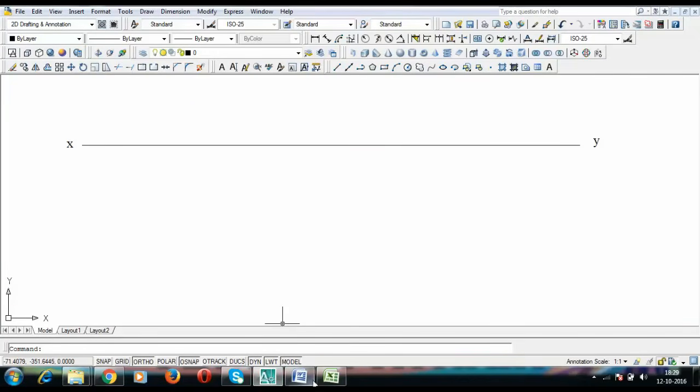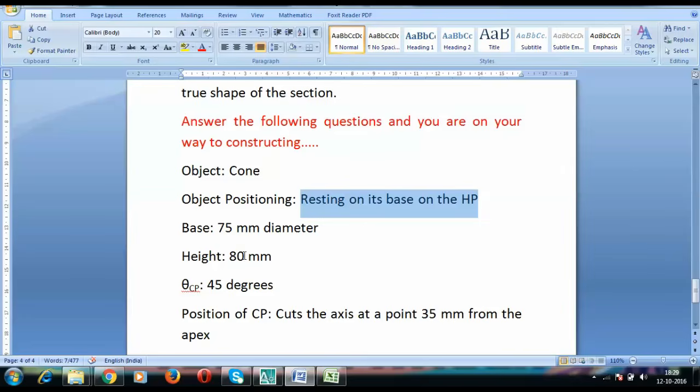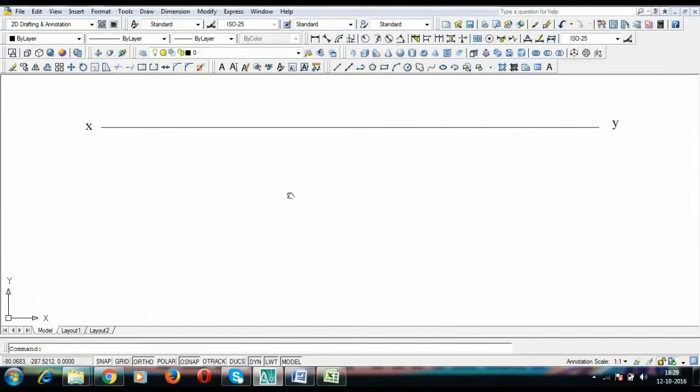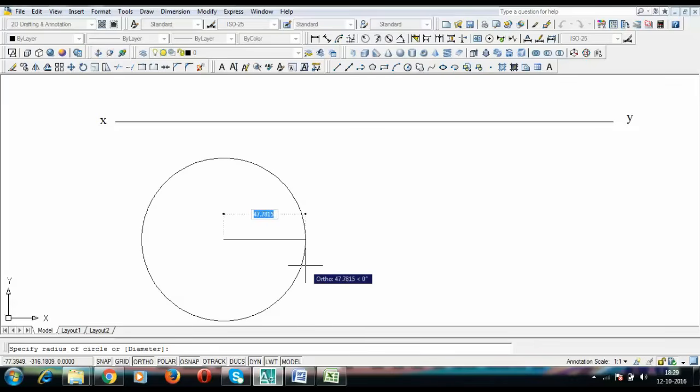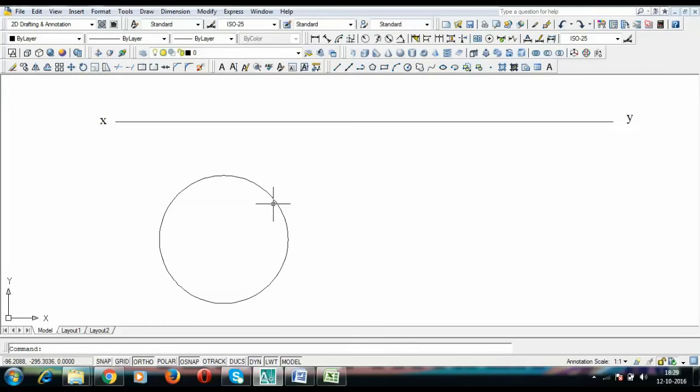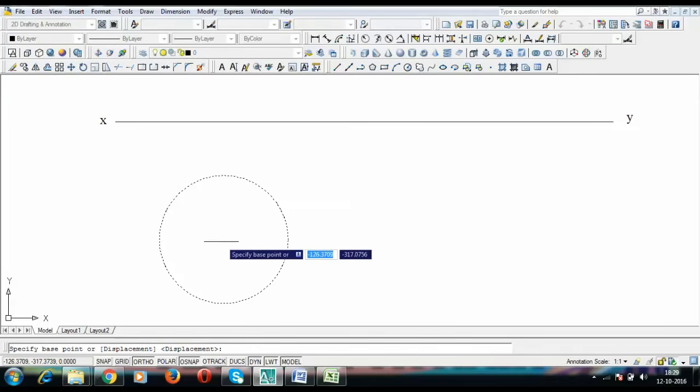The base is having a diameter of 75, so I'm going to draw a circle, and this circle is going to have a radius of 37.5, or you can also say it has a diameter of 75. I'm going to shift this circle slightly up ahead.